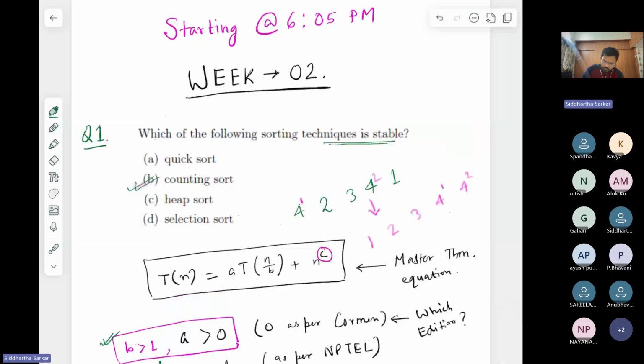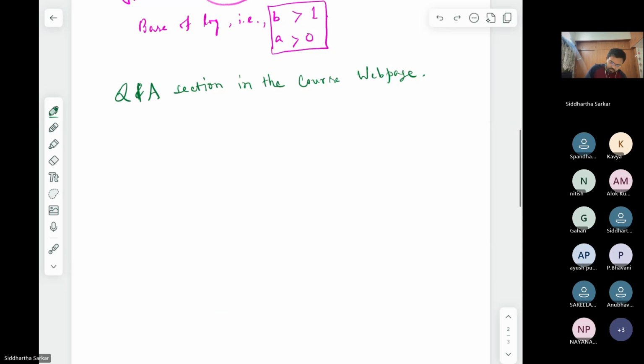So for example, if this is our, please define stable algorithm again. Okay, so let's take an example. So stable sorting algorithm. So what is a stable sorting algorithm?